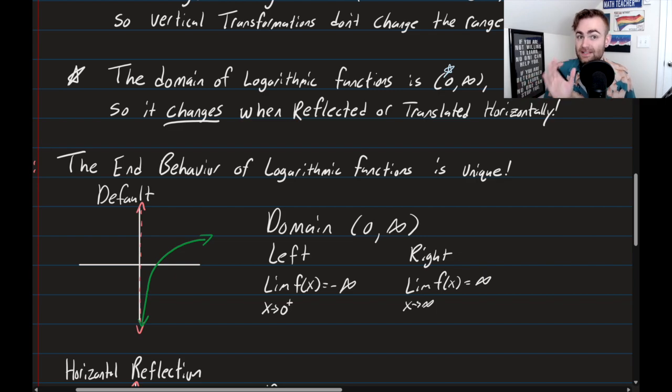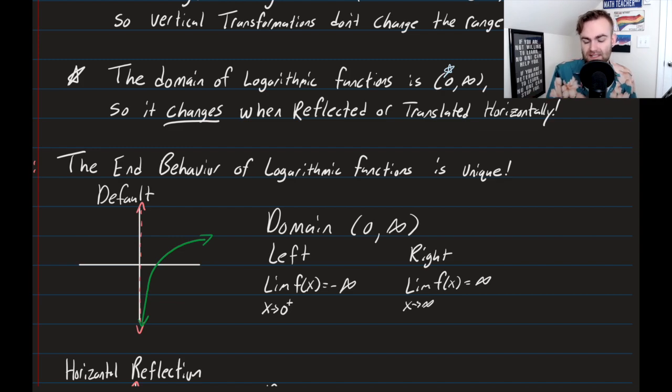So again, the default one, where the base is greater than 1, its limit as x is going towards 0 on the right-hand side. It doesn't exist on the left. So x goes to 0 on the right-hand side. That goes towards negative infinity, and as x increases without bound, so does the function. So that's the idea here, is that we only have the right side of a curve. We don't have a left side. There is nothing that exists on the left side of this asymptote.